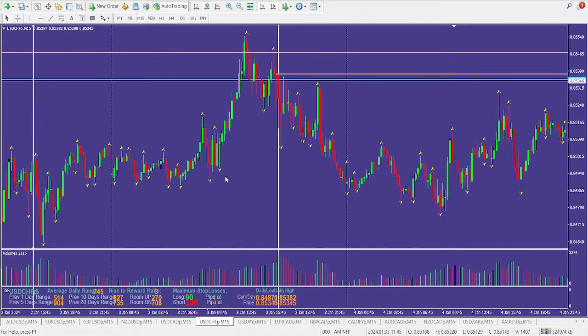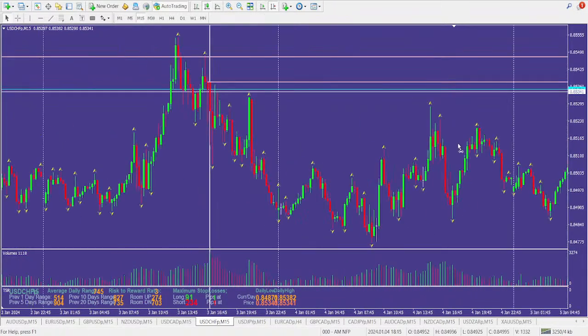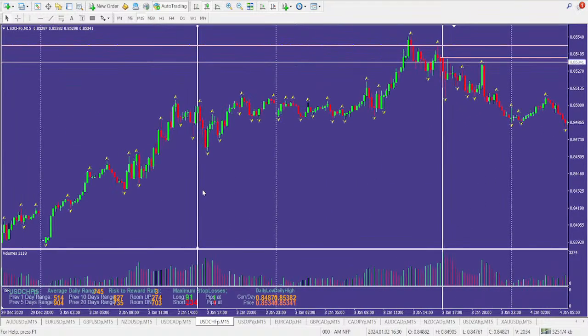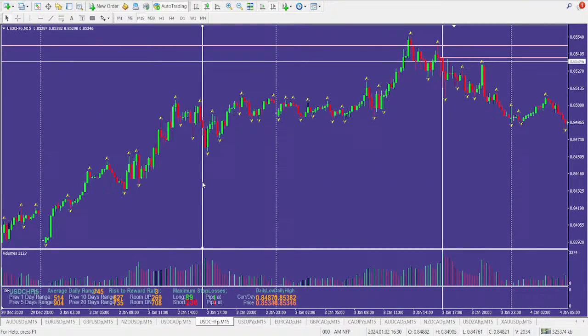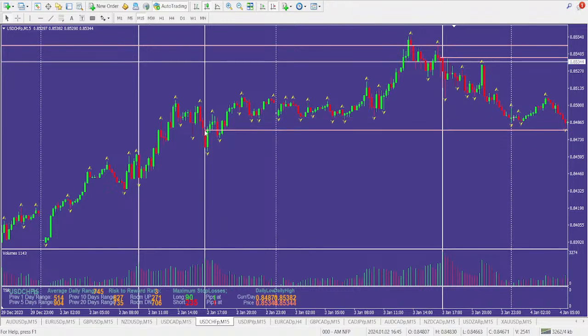So December 2nd. Okay, high volume spike here where price pushed up with high volume. And then we actually have another level over here where price pushed up with high volume. So this over here is going to be demand number 1. And this will be demand level number 2.